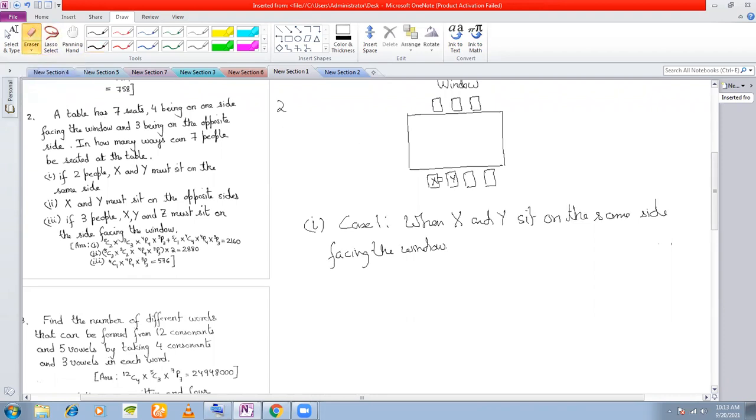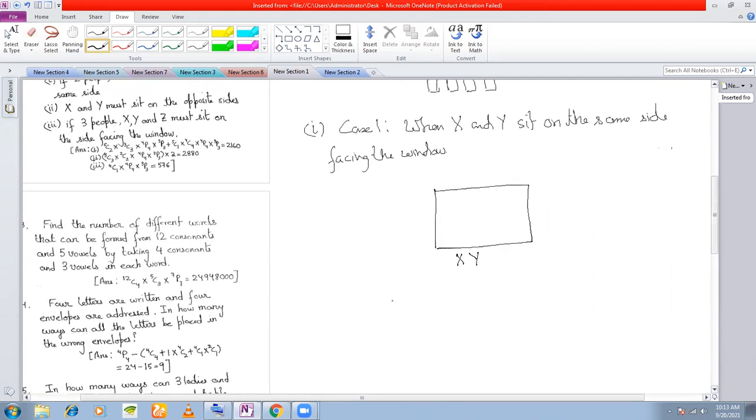Let's say X and Y are sitting here. Let me draw a new figure for case 1. Let us say I fix X and Y here. And what are the seats left? 2 seats left here and 3 seats left here. And this is the window side, obviously.